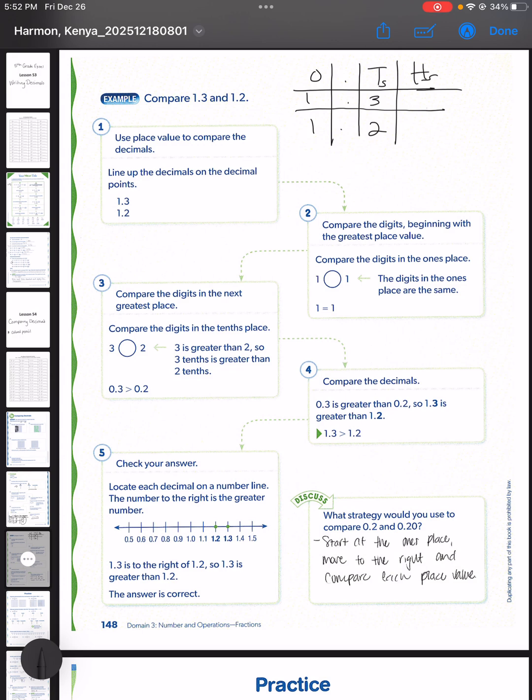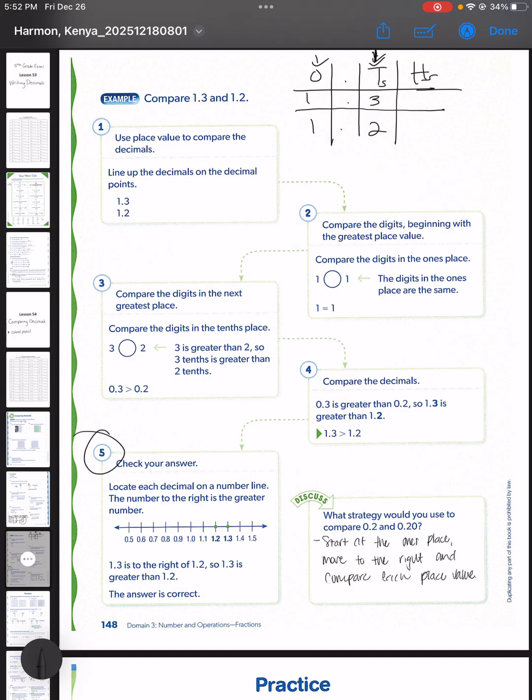We're going to use that same process as we compare 1 and 3/10 with 1 and 2/10. I look in the ones, they are the same. I look in my tenths. 3 is greater than 2. Therefore, 1 and 3/10 is greater than 1 and 2/10.